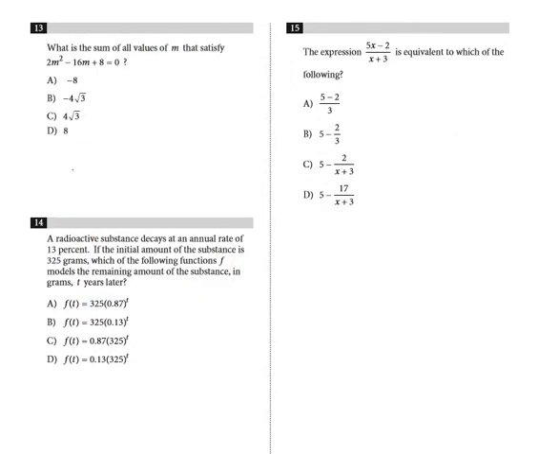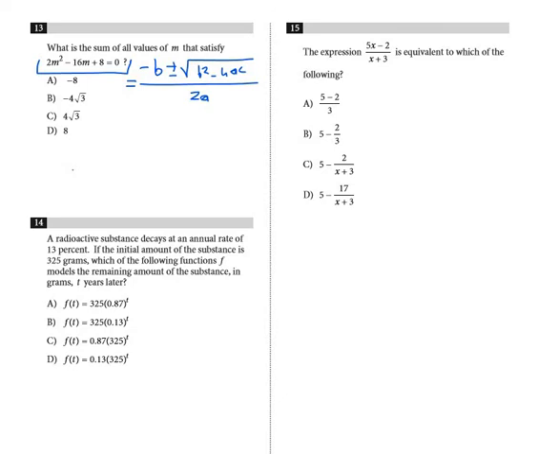Question number 13. What is the sum of all values of m that satisfy 2m squared minus 16m plus 8? Since we need to find the value of m in this quadratic equation, we can either use the quadratic formula, which is negative b plus or minus the square root of b squared minus 4ac, all over 2 times a, or we can complete the square and solve for m.